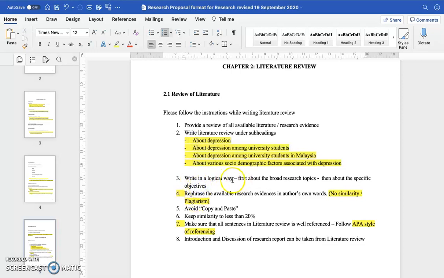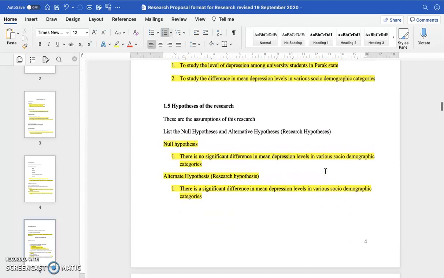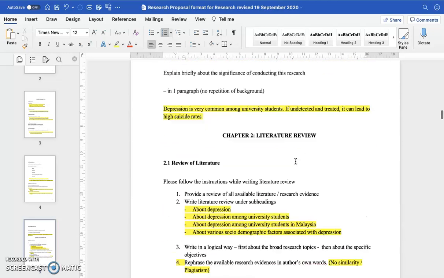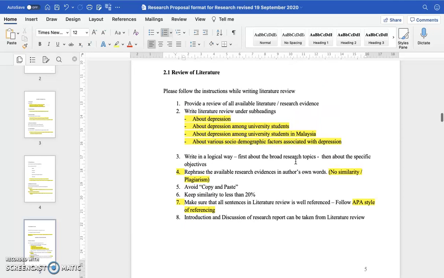Write in a logical way. First about the broad research topic, then about the specific objectives. What are the objectives of this research? First is to study the level of depression among university students and its association with various socio-demographic characteristics. So you have to write in a logical way.